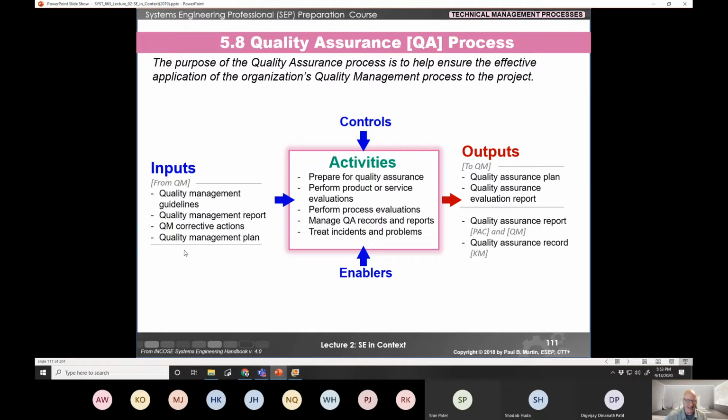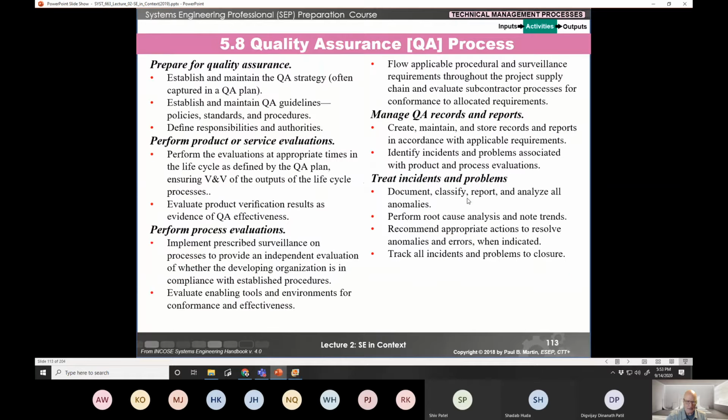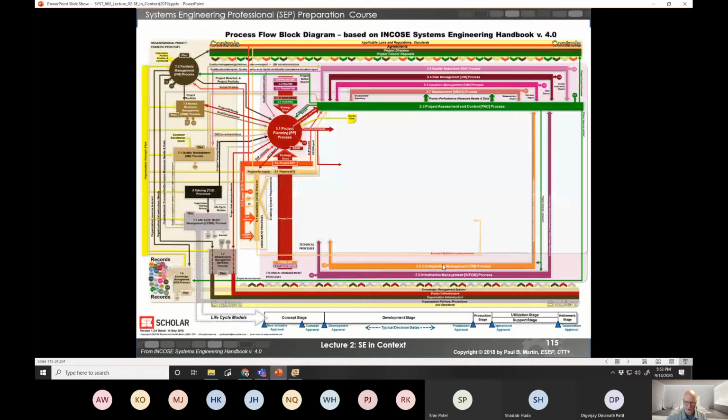You'll notice these guidelines and reports are all coming in from quality management, the organization. The activities allow you to come up with some reports to see how well you've done. So those are all your processes that deal with project.